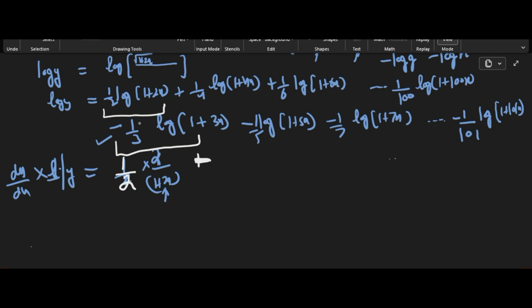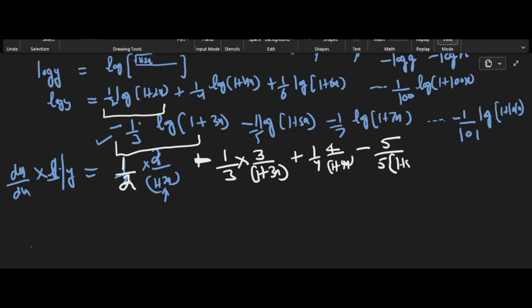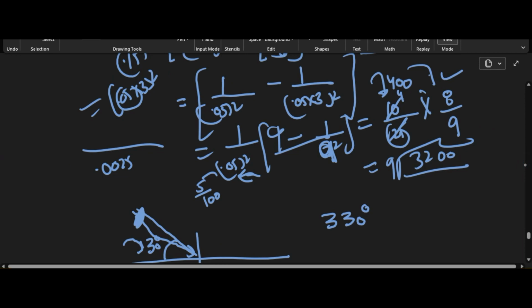So minus 1 by 3, and this is 3 upon 1 plus 3x, plus 1 by 4 and 4 upon 1 plus 4x, then again minus 1 by 5 and 5 upon 1 plus 5x, so on and so forth, and this will continue till 100 divided by 100 into 1 plus 100x, minus 101 upon 101 into 1 plus 101x.